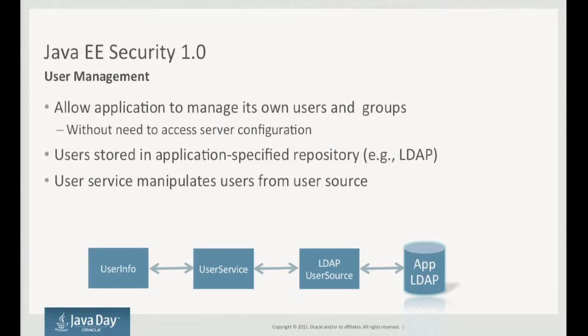So the user information would be stored in an application-specified repository, such as an LDAP repository or a database, or perhaps even a file, or some custom repository. And then corresponding to this repository is a user service that allows you to manipulate the information from the user repository.